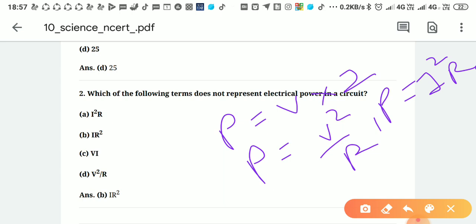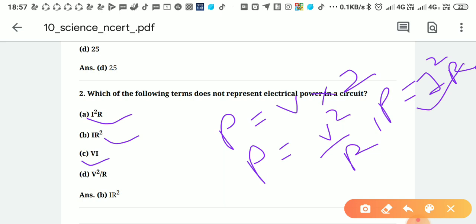Now this question asks which of the following terms does not represent electric power in a circuit. Look at the first option, I square R. It's okay, I square R represents electric power in a circuit. Number 2, I R square, is it okay or not?